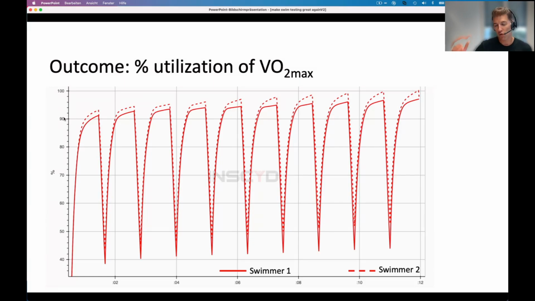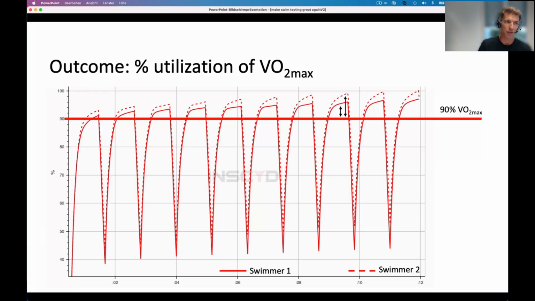But you can see that swimmer 2, the lower anaerobic guy, always is higher, and receives, within what the literature tells us, the higher aerobic training effect, because more time above 90% VO₂max and higher fractional utilization, which is great, right? He has a little bit lower VO₂max, so you maybe appreciate that the swimmer has a higher utilization of VO₂max. Awesome, good. That's maybe what you want. Okay, so that's pretty good.